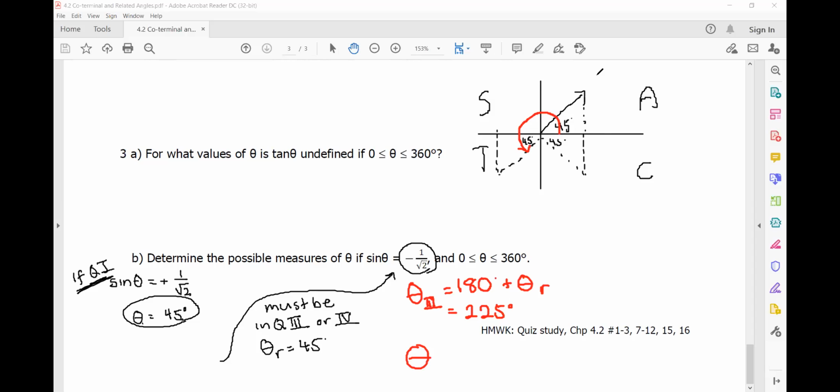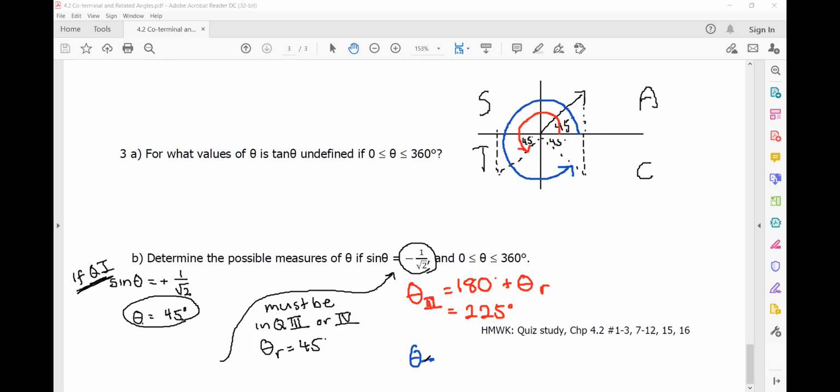The next angle, I'll use blue, is all the way around here, which stops me 45 degrees short of a full 360.